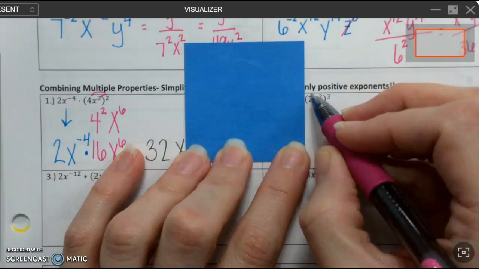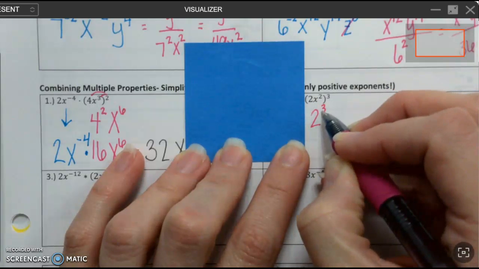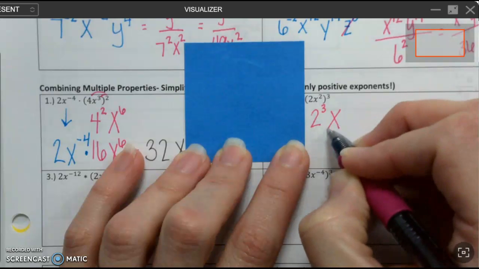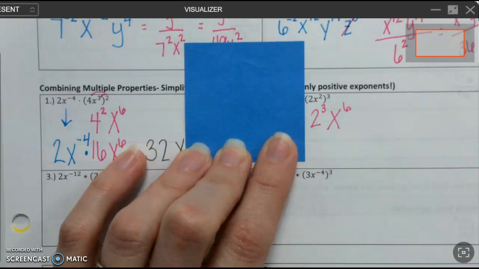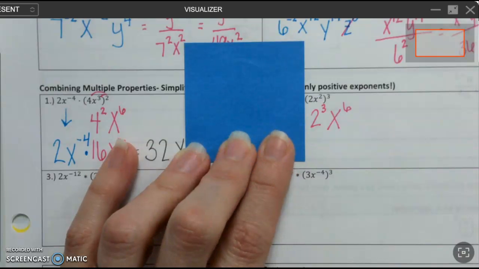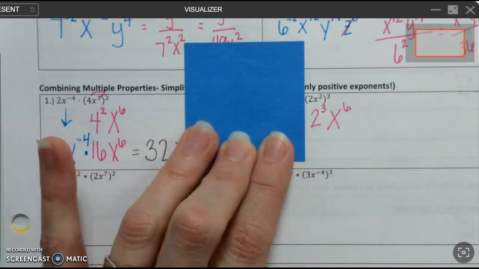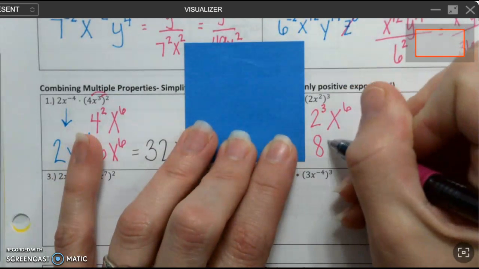Okay, so my coefficient of 2 is going to get an exponent of 3. And then x multiplied 2 times 3, that's 6. Now before I uncover what's underneath my sticky note here, I'm going to figure out what 2 to the 3rd power is. So 2 times 2 is 4. Times 2 again is 8. So this is 8 x to the 6th.